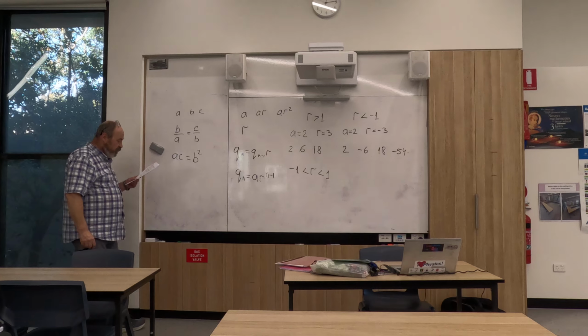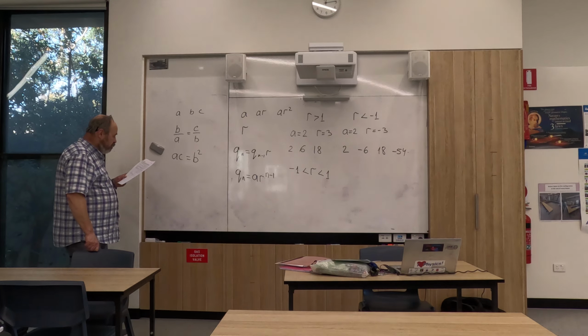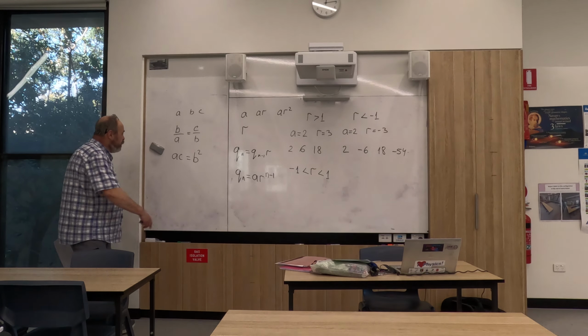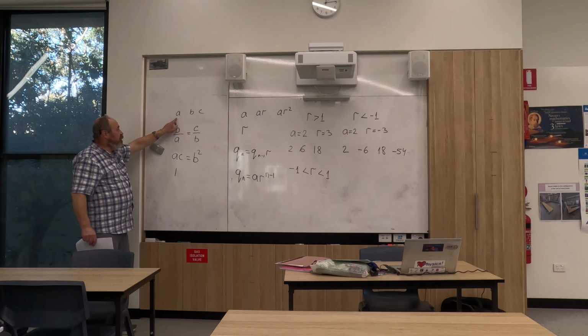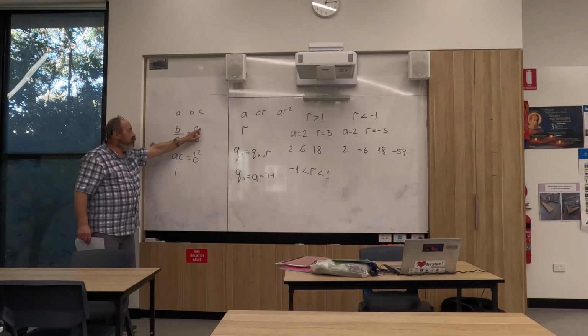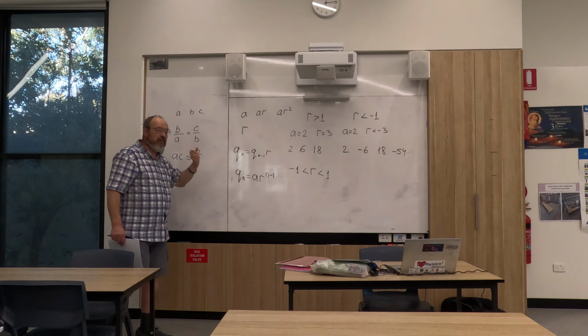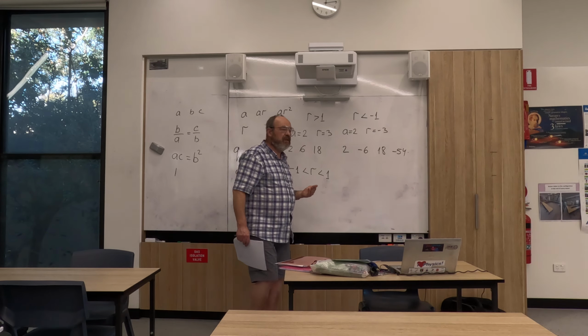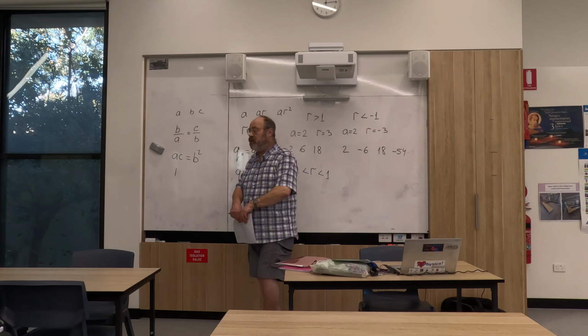The second term divided by the first term has to be equal to the third term divided by the second, because they are 3 consecutive members of a geometric sequence. So it's always the common ratio: next divided by previous, we always have the same number. That's how a geometric sequence works.